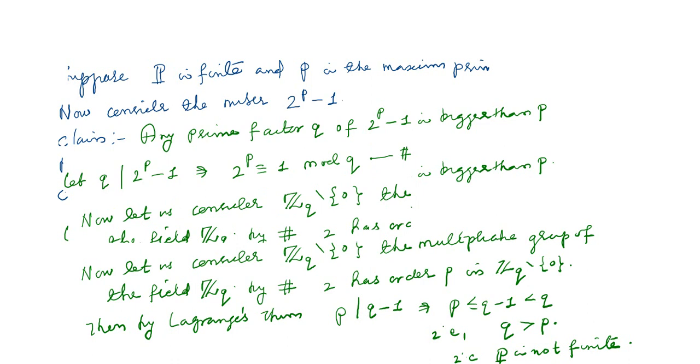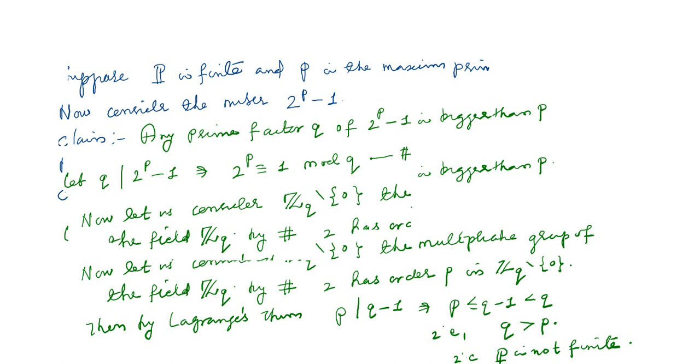If you know group theory well, Z_q is a field. So Z_q without 0 is a multiplicative group in that field, which contains q - 1 elements, because Z_q contains q elements and 0 is avoided. It is the multiplicative group of the field Z_q.